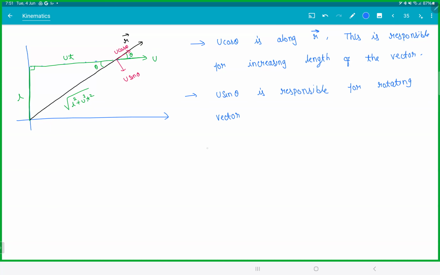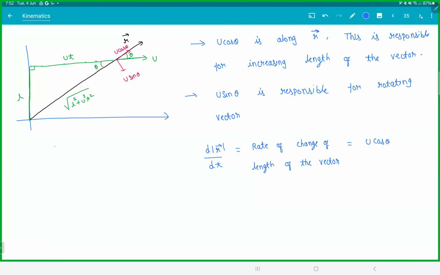That means we can clearly see from here that d mod r by dt, which is the rate of change of length of the vector, the one responsible for the change of length of the vector is u cos theta.